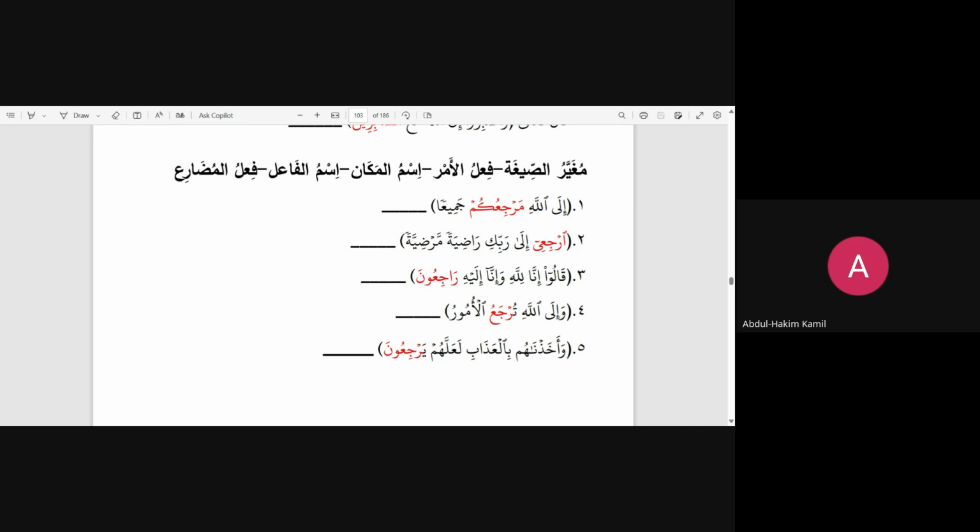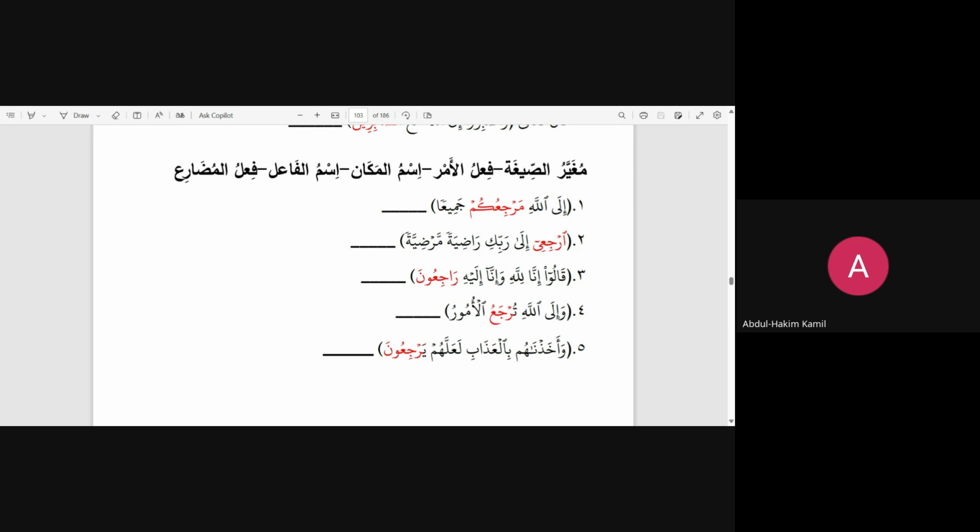إلى الله مرجئكم جميعا. What is that? Ism makan, ism zaman, ism mubad? Ism makan. To Allah is your returning place. All of you are going back to Allah.